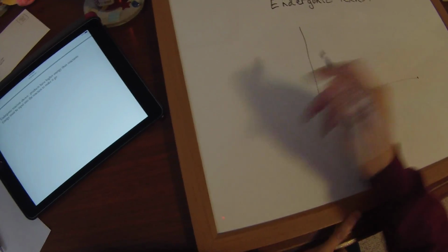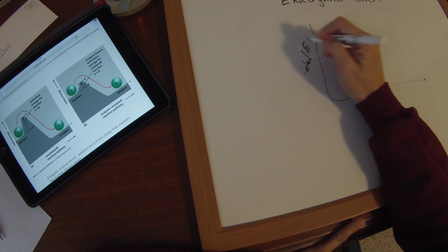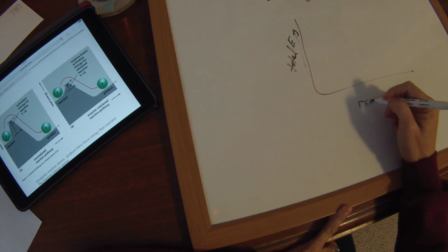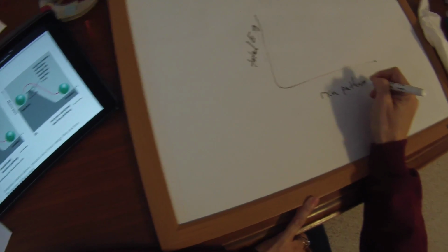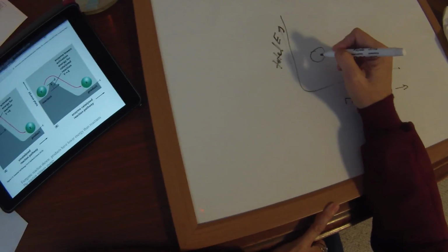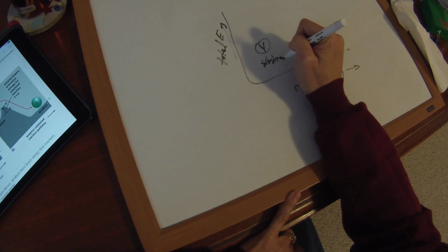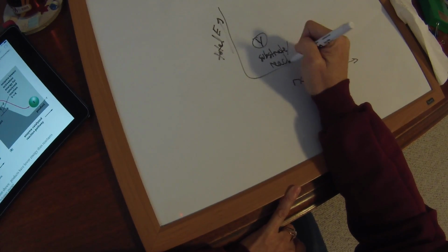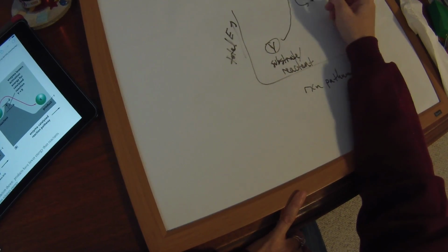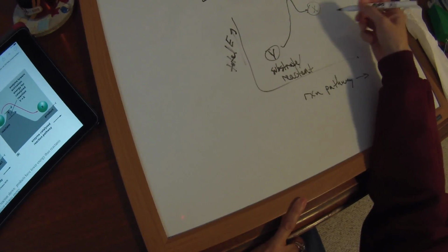So if we look at our energy hill diagram, where we had our total energy going this way, and we have our reaction pathway going this way, here we're going to have Y, or our substrate or reactant, whichever term you prefer, going to X, and X is going to have higher energy.